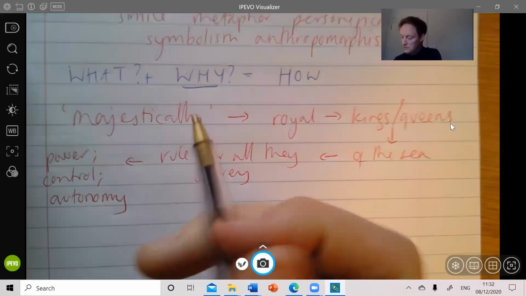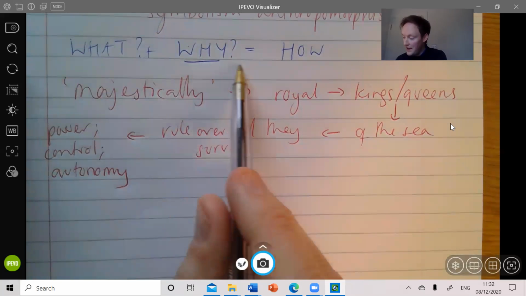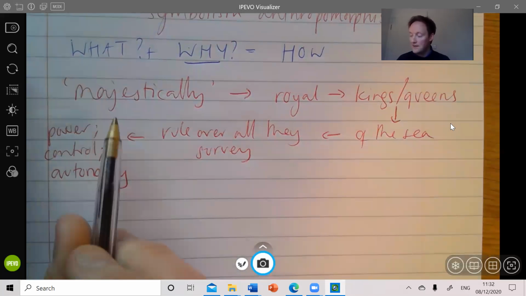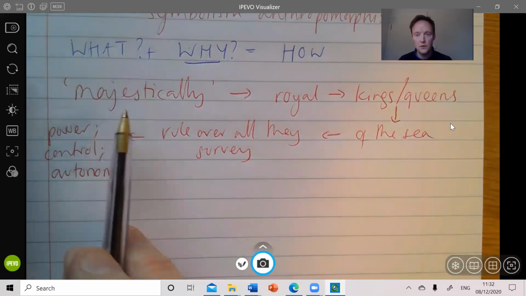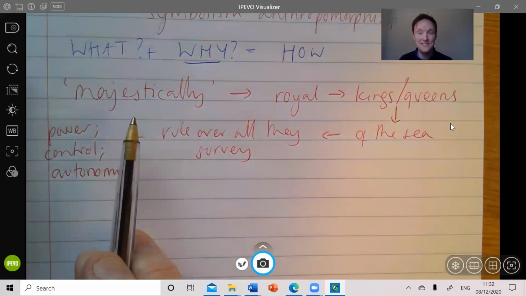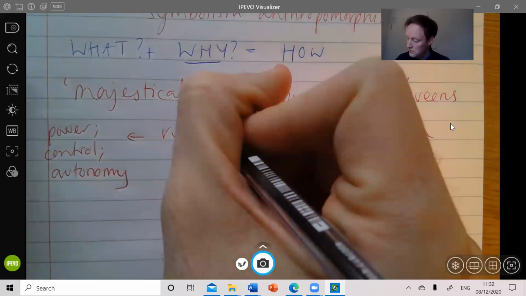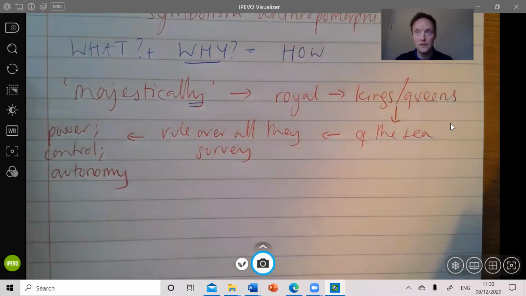Then I'm turning this bit here, using my what and my why to explain how. So ideally, one needs to know what word class that majestically belongs to. The clue is that they rode, which is an action, a verb. They rode in majestically. So it's an adverb.